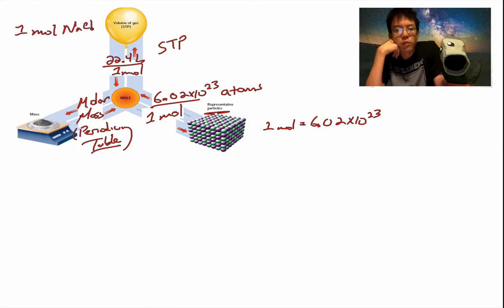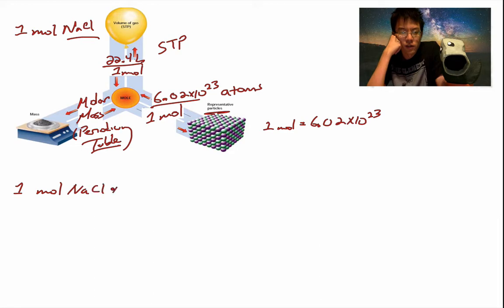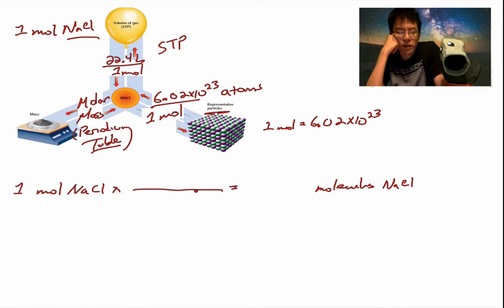All right, so let's take, for example, that I have 1 mole of NaCl. And I want to know how many molecules of NaCl that is. So I'm starting with 1 mole, and I'm going to do a few conversions using this nice diagram here. I'm trying to get to molecules of NaCl, so I want to cancel the moles of NaCl.